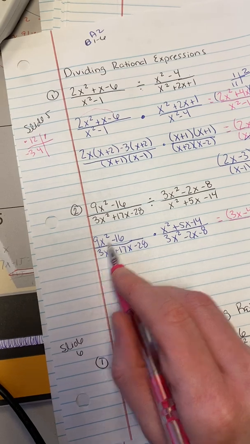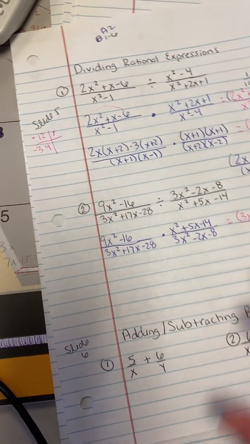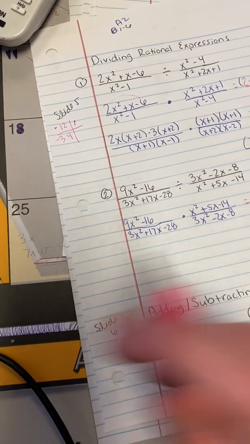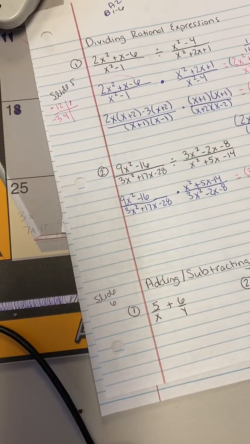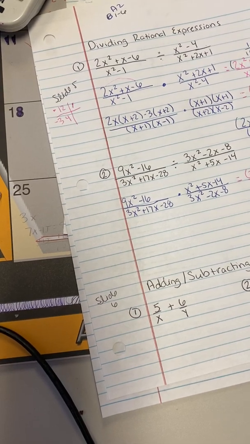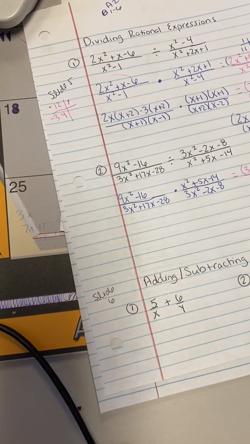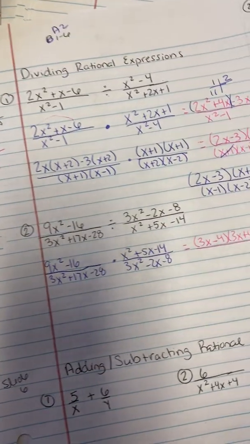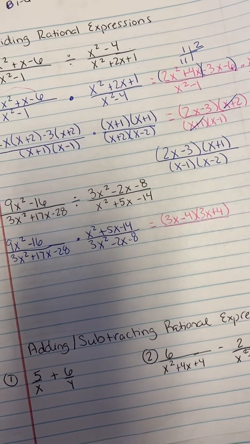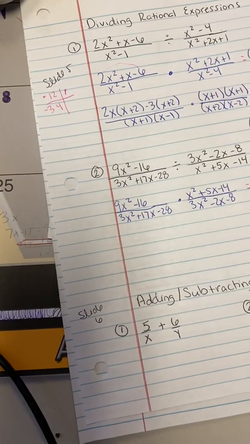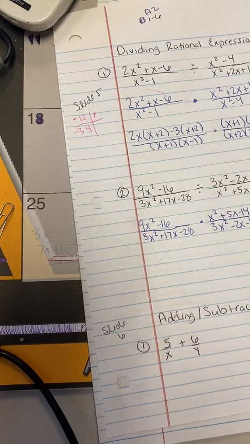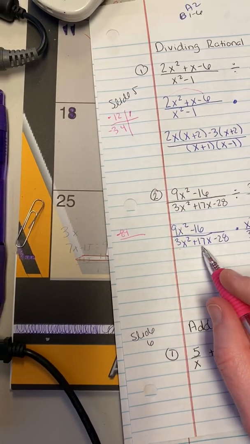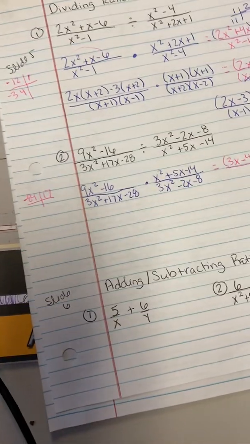On the bottom, I would have 3 times negative 28. 3 times 28, that's 84. 3 times negative 28, so factors of negative 84 that add to give me 17.